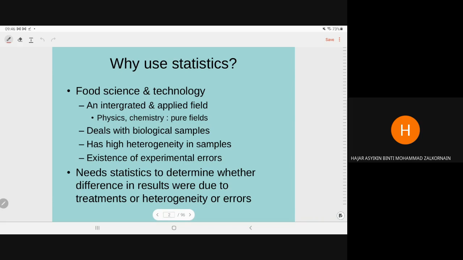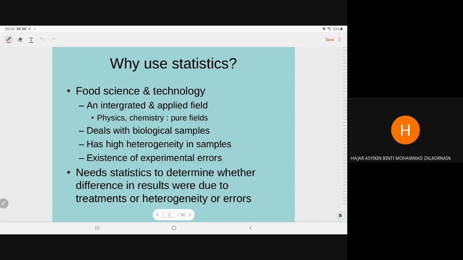In food, for example, if we take apples, even though the apples have been approximately the same degree of maturity when they are harvested, they are still not the same. So biological samples rarely have a high degree of homogeneity.